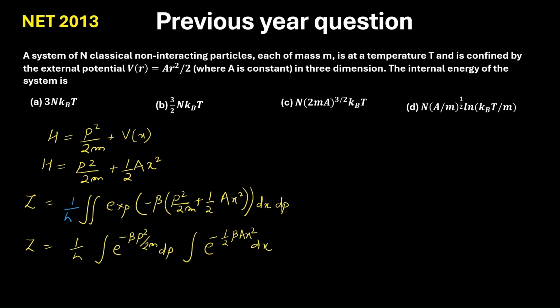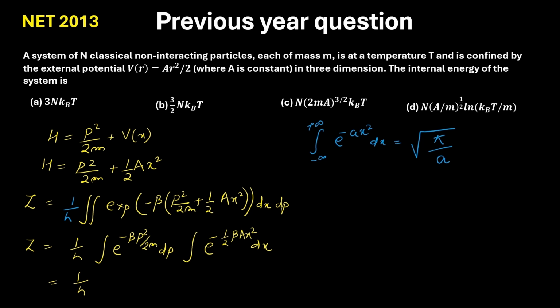Now we can use the Gaussian integral here, that is the integration from minus infinity to plus infinity of e to the power minus a x squared dx. This is given by the square root of pi by a. So using this integration, we can write 1 by h.